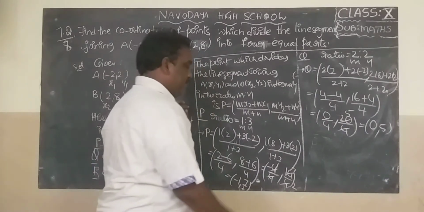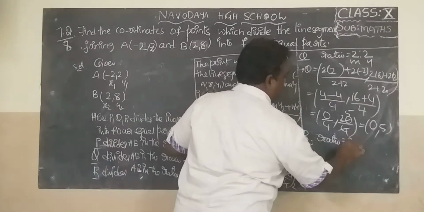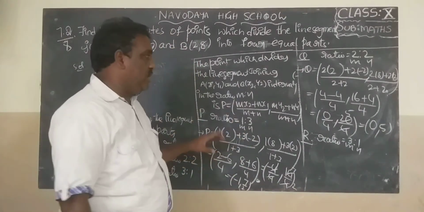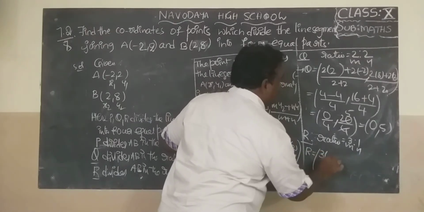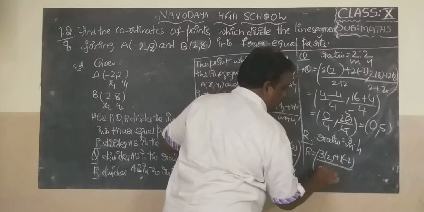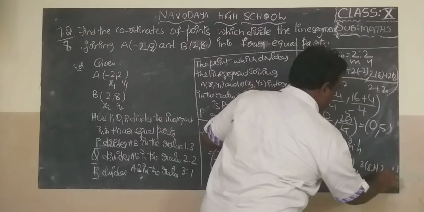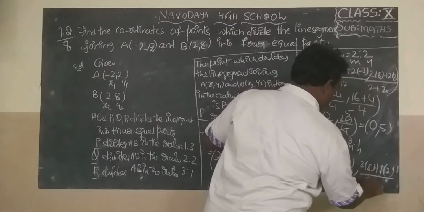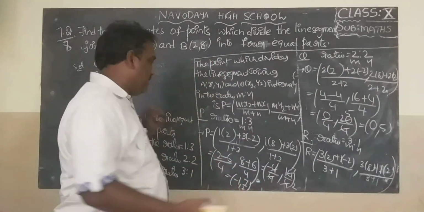Finally R. R divides AB in the ratio 3:1, m is 3, n is 1. Again substitute: R equals (3 into 2 plus 1 into -2) by (3 plus 1), then (3 into 8 plus 1 into 2) by (3 plus 1). So substitution is completed.